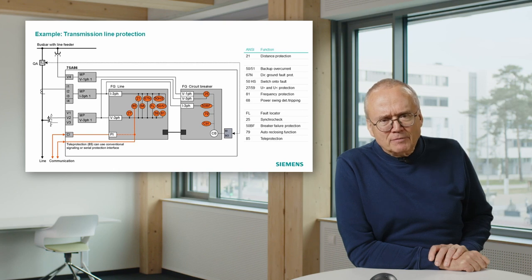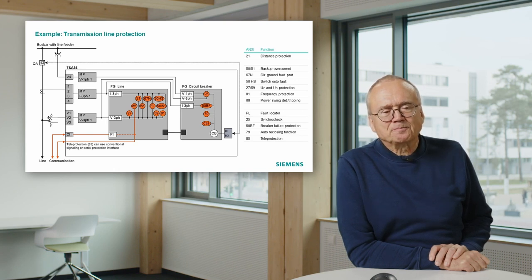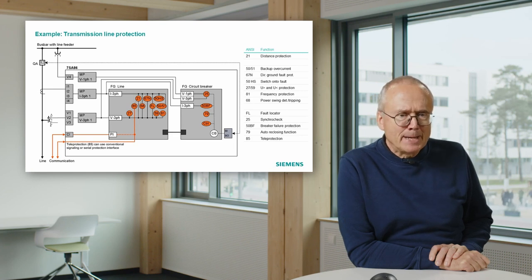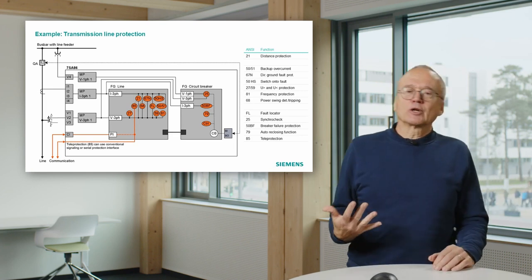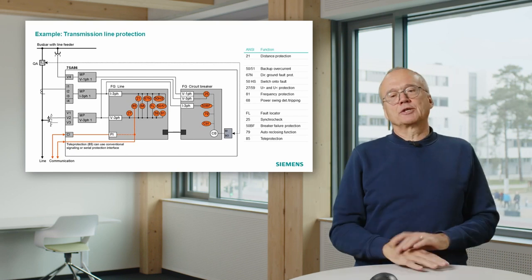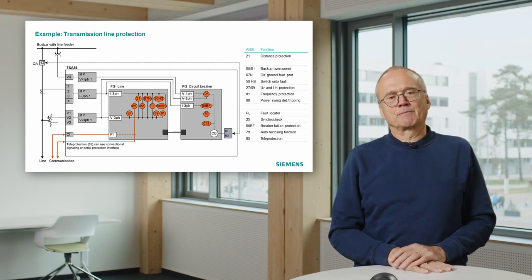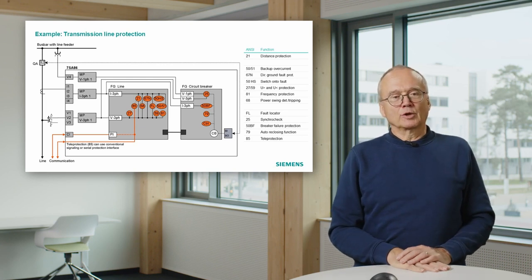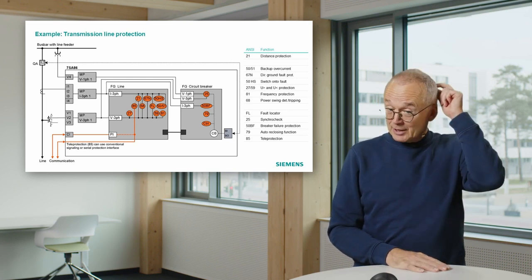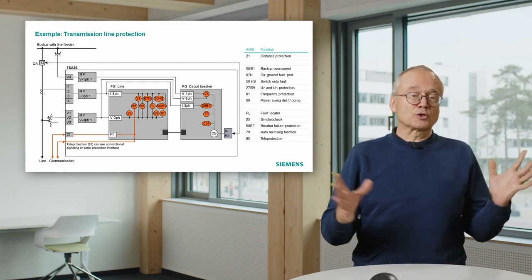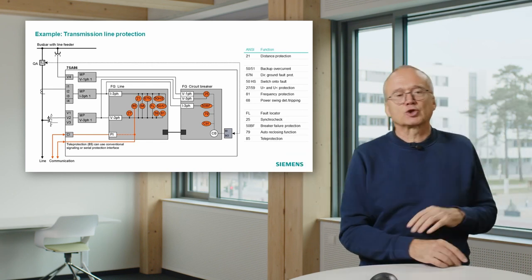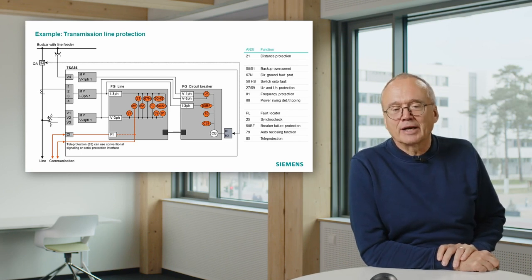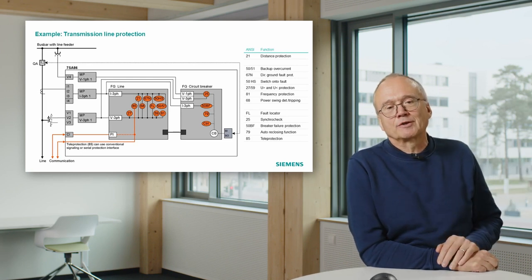In distance protection, the distance function needs the voltage measurement. Because we have to calculate the impedance, we have to divide the voltage by the current. The voltage measurement inputs are connected to a voltage transformer, in this case the line side voltage transformer, and now you assume that for any reason you have a short circuit in the wiring between the relay and the voltage transformer.